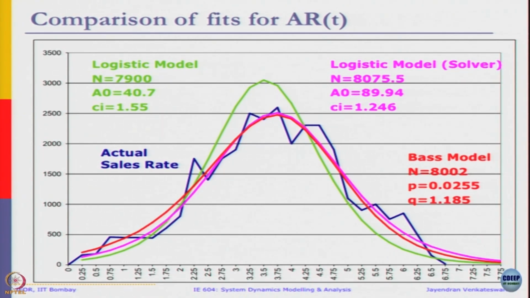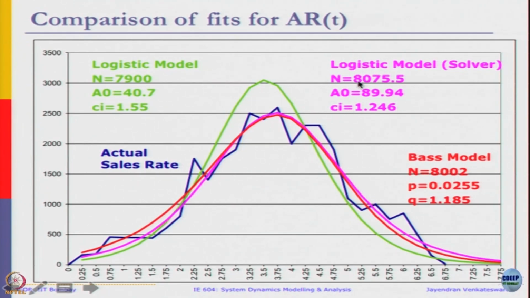The green line was a logistic model that we first fit, remember the logarithms that we took and fit a linear regression line, represented in this green line, which had an n value of 7900, A0 as 40 and Ci as 1.55. Then we did it using Solver, where we directly use the expression for A(t) and use the Solver to determine the values of n, A0 and Ci, the best estimate to minimize the mean squared error.